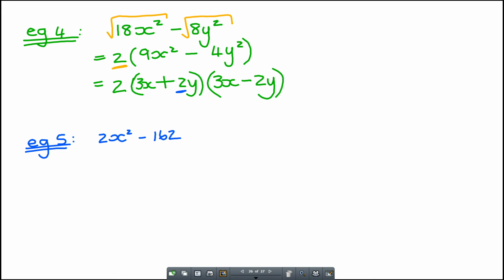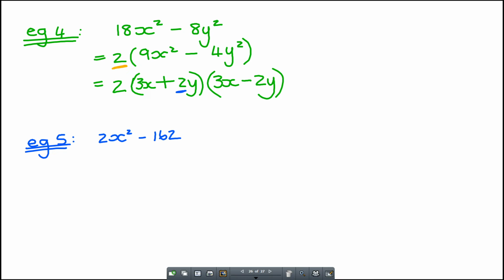Okay, so we did an extra step. We said, okay, so what's the problem here? The 18 and the 8. I can't get square root of them. So then we look for a different method of factorizing. And the only other one that we've been taught is common factor. So we took out a common factor of 2.